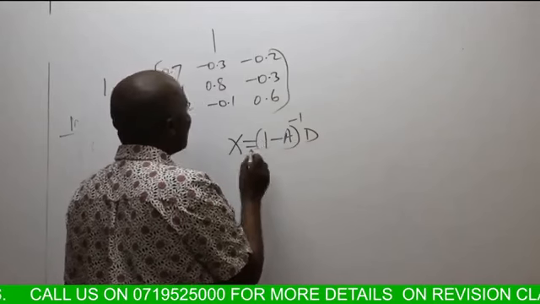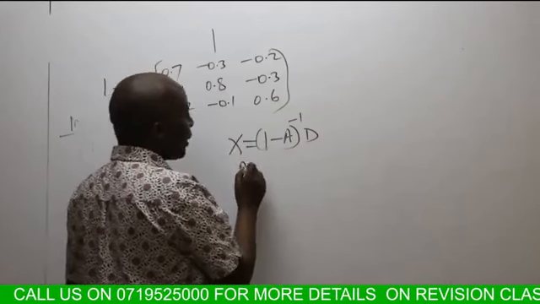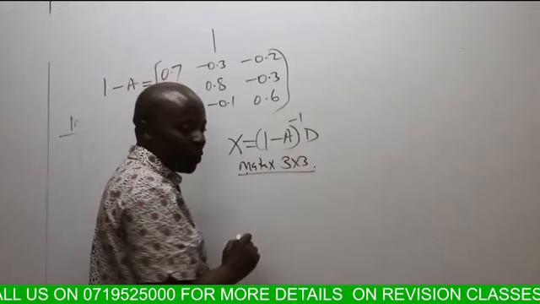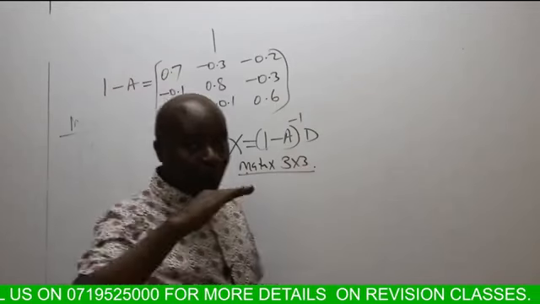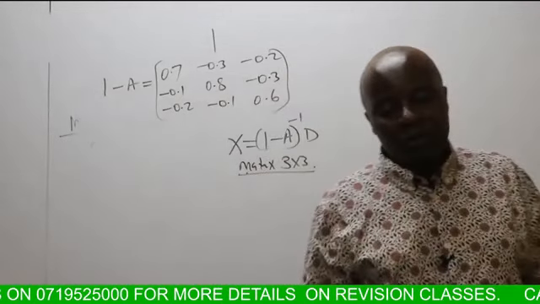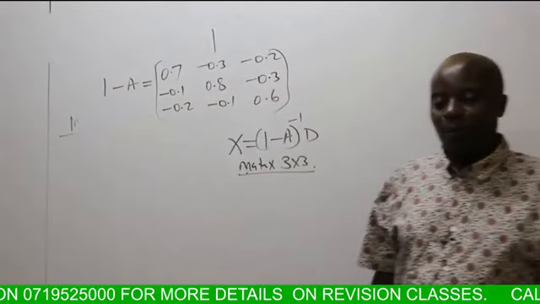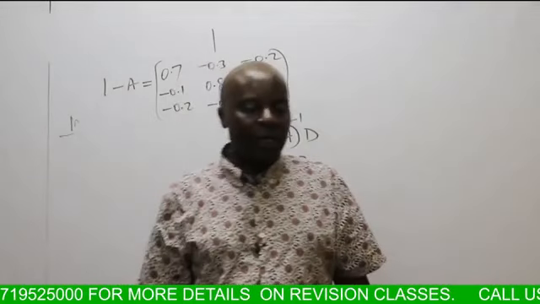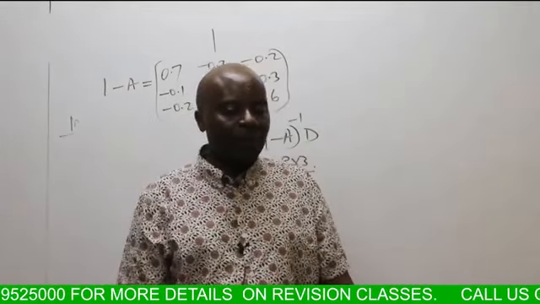To inverse this matrix, which happens to be a 3 by 3 matrix, is there anybody who can remember those 4 basic steps of getting an inverse of a 3 by 3 matrix?